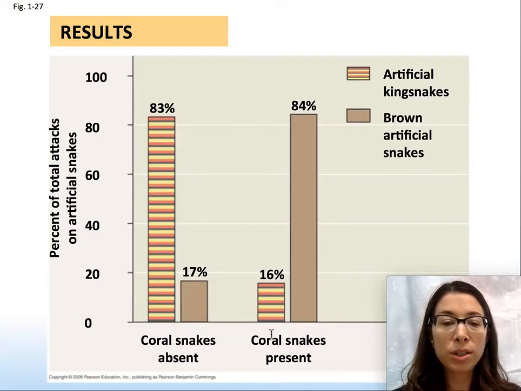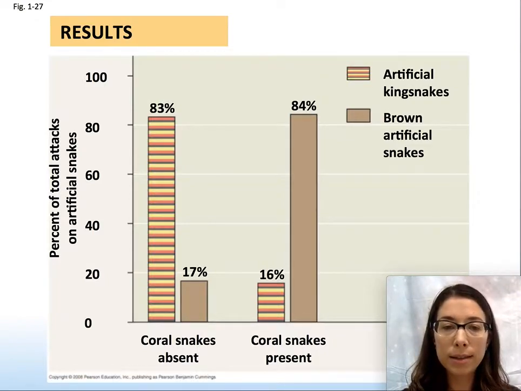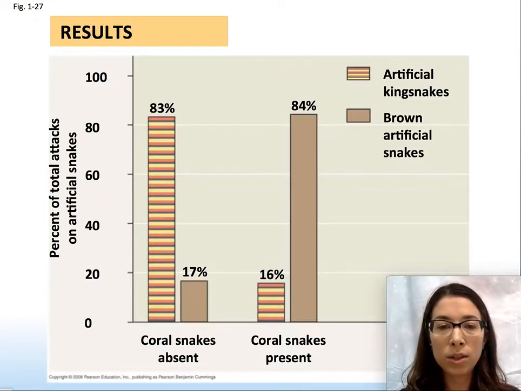However, in the south regions where the poisonous coral snakes were present, the artificial king snakes, which were brightly colored, were attacked much less frequently, and the brown snakes were attacked much more frequently. And of course, there are other measurements that we discussed that the researchers could display, right? The number of attacks of each snake and the severity, etc.